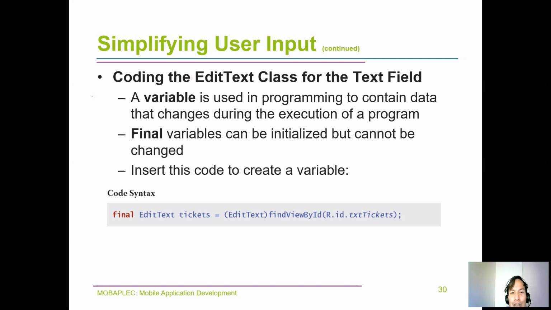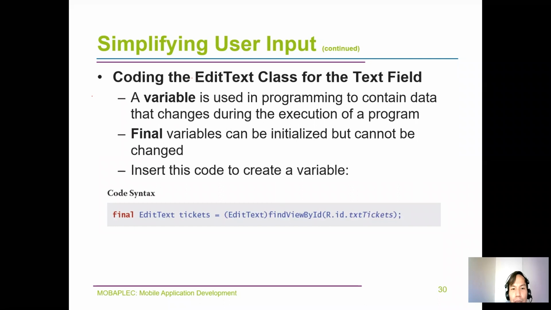On the second bullet we have final. Final is a keyword in Java. I believe you are familiar with some basics of Java. A final variable can be initialized but cannot be changed. In layman's terms, this is a fixed value, what we call a constant value.